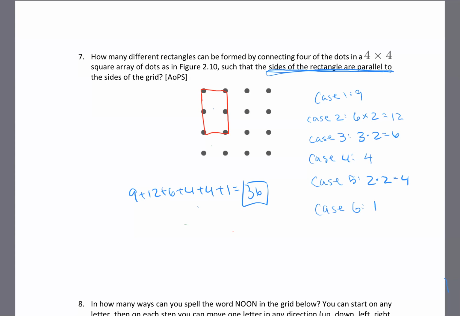Okay, so do you guys need to continue with the rest of it, or are you guys good? Do you guys have any more questions? Are squares counted as rectangles? Yes, because we learned in geometry that squares are technically rectangles, but not all rectangles are squares.